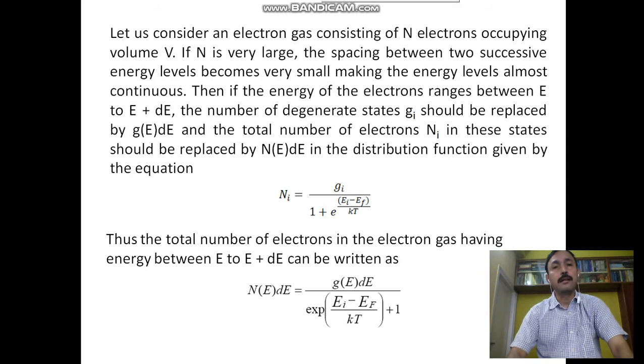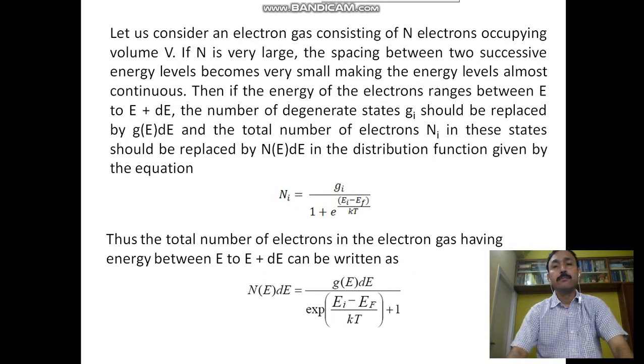Let us consider an electron gas consisting of n electrons occupying volume V. If n is very large, the spacing between two successive energy levels becomes very small, making the energy levels almost continuous.